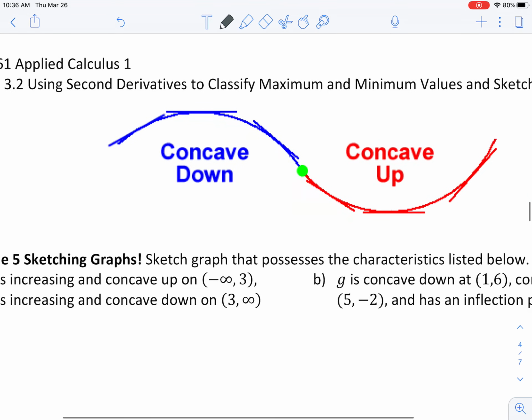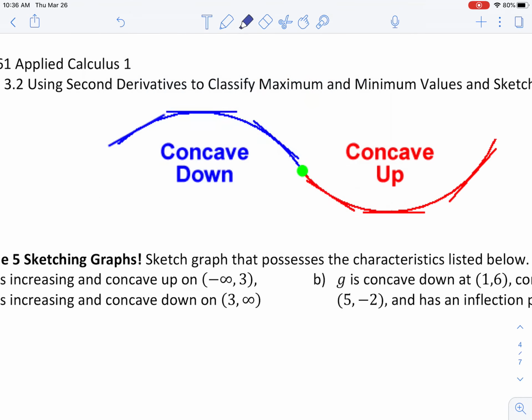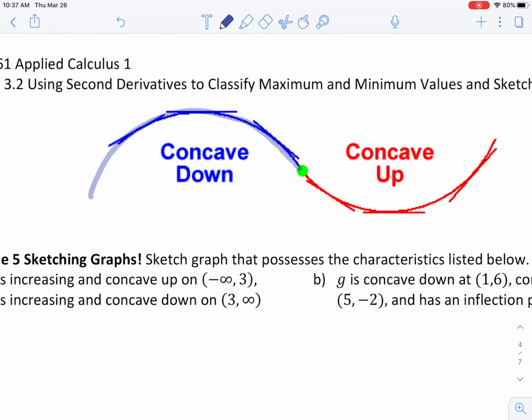It's a great picture right here. Let's use this picture that I screenshotted. You heard me briefly talking about what concave down looks like. It's like the mouth of a frowny face. If you try to draw tangent lines to this curve, notice how the tangent lines will be above your curve.